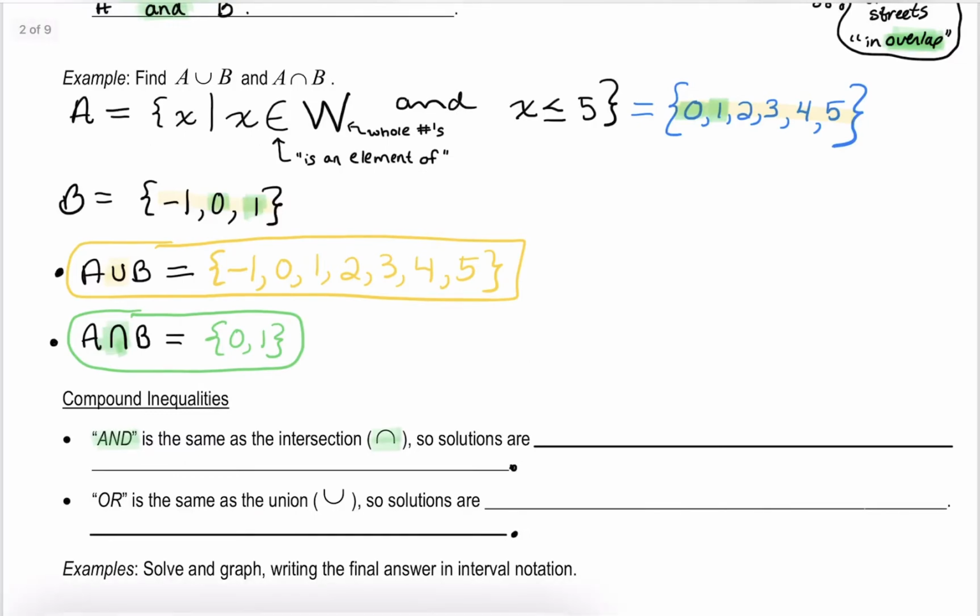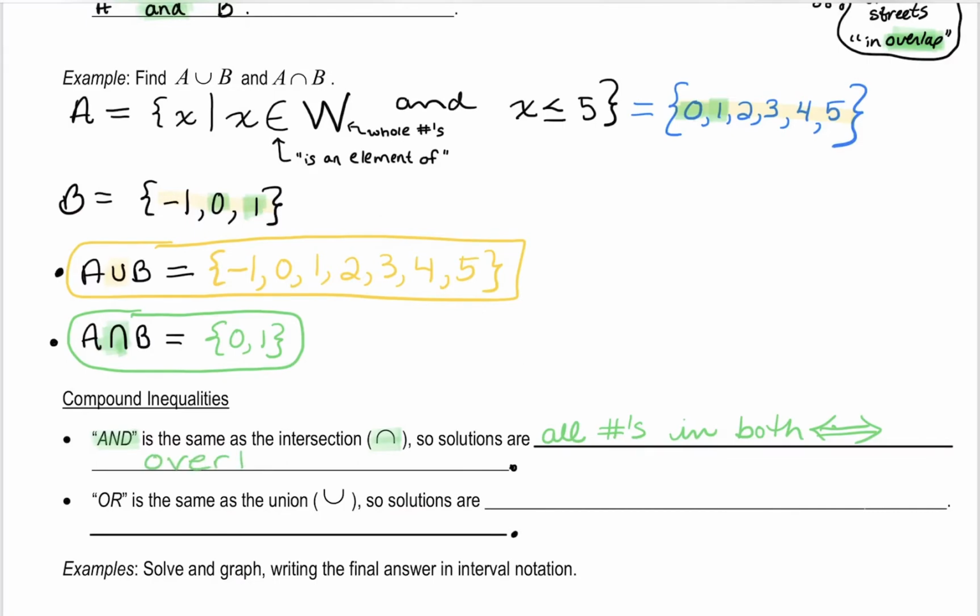After we get done solving potentially two different inequalities, we want to look for our final answer. The solutions are going to be all the numbers that are in both. I think that's okay. And that is synonymous with the overlap.